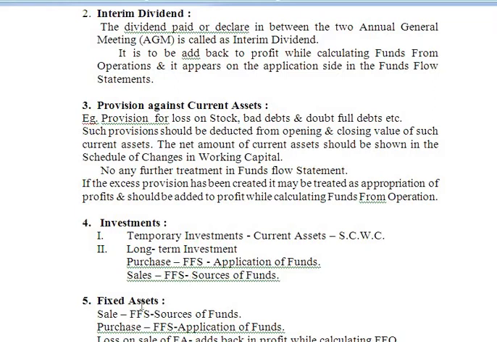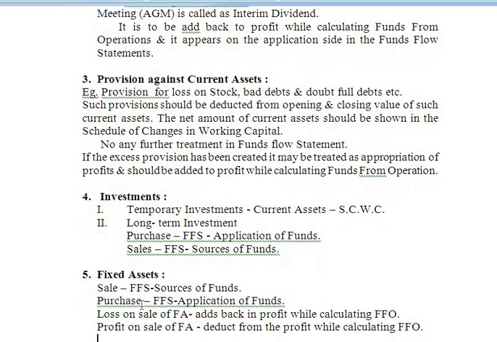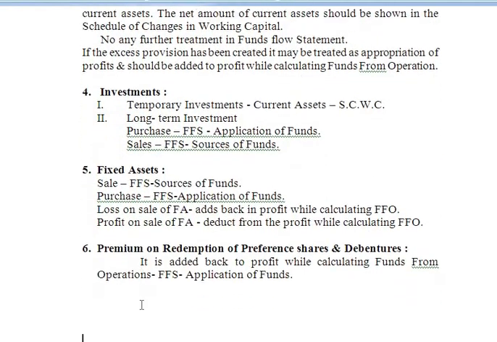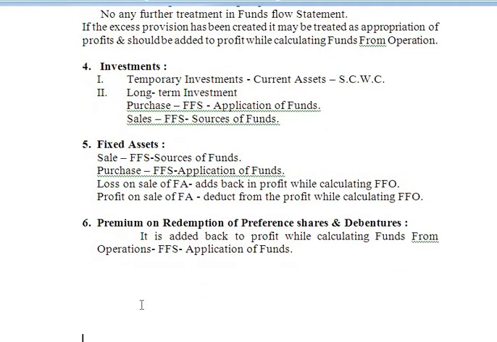Okay, now next one is fixed assets. Here in case of assets, we need to prepare a ledger account, like even for investment we can prepare a ledger account. When we prepare a ledger account, we have to take the opening and closing balances of assets. If there is a depreciation, we have to post that journal entry into the ledger.